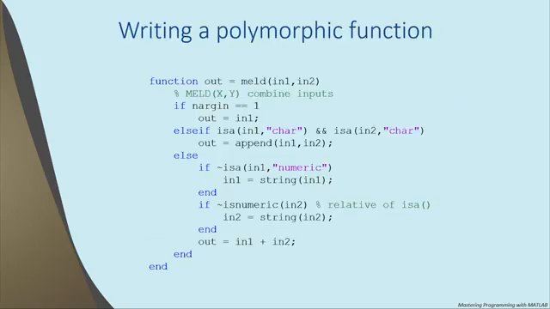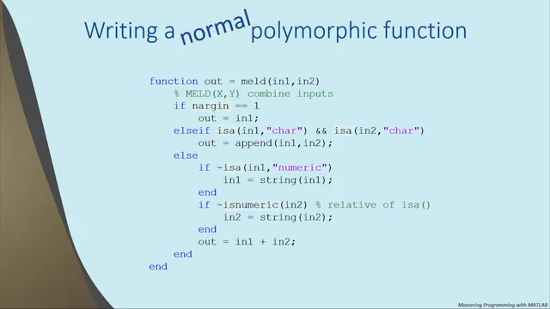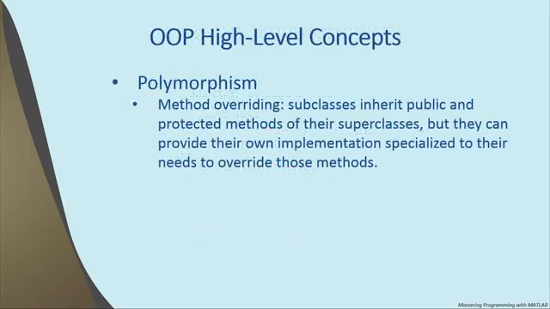And we can write our own polymorphic functions that use the built-in functions nargin and nargout to determine the number of arguments, and the isa function to determine the types of arguments to affect the function's behavior. I'm talking about normal functions here, and these options have always been available in MATLAB, but object-oriented programming brings a new way of supporting polymorphism.